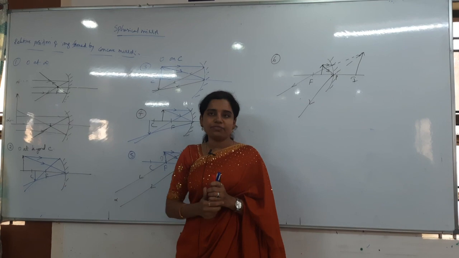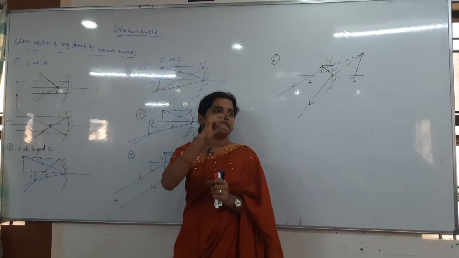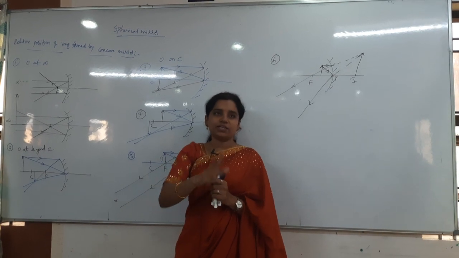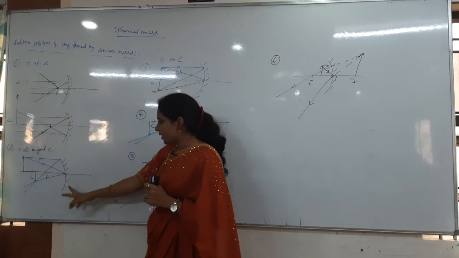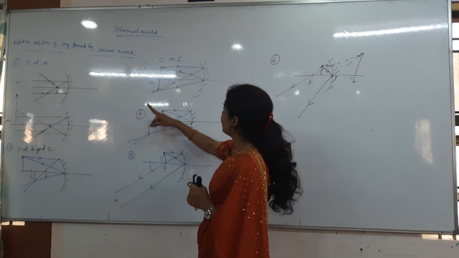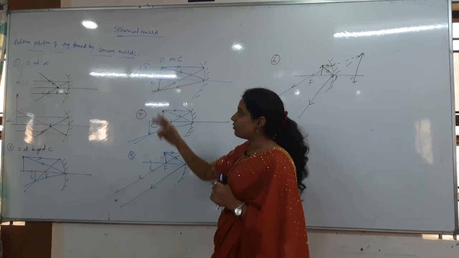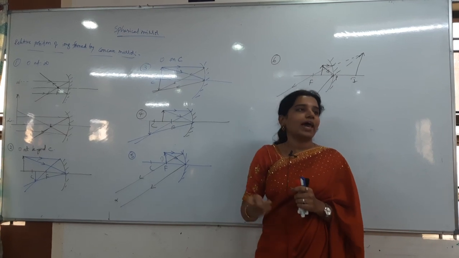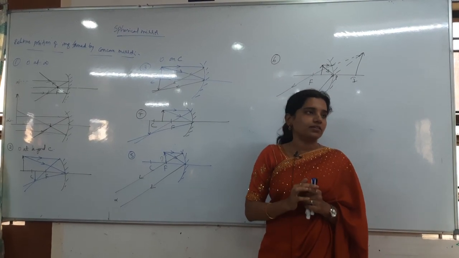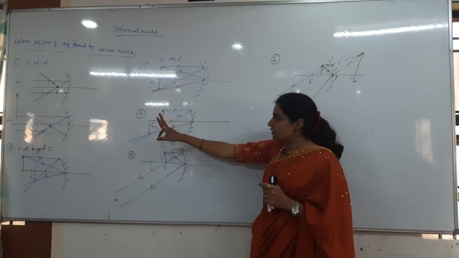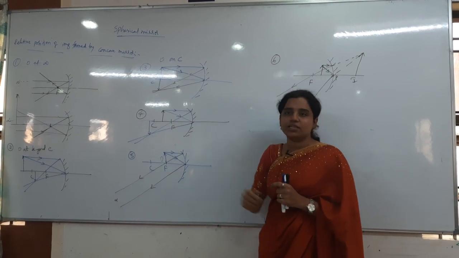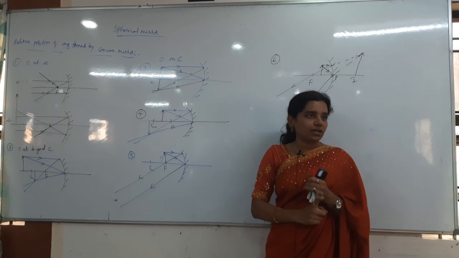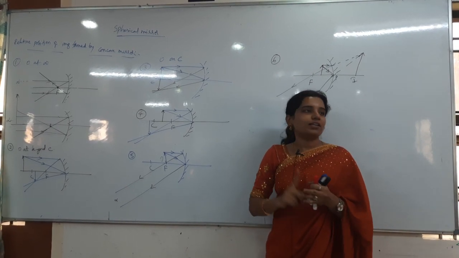Between C and F, and the image is smaller, diminished, real and inverted. Next, whenever the object is exactly placed on the center, the image will also be on the center, same size, inverted and real. Then whenever the object is placed between C and F, the image will be formed beyond C, enlarged, inverted and real.